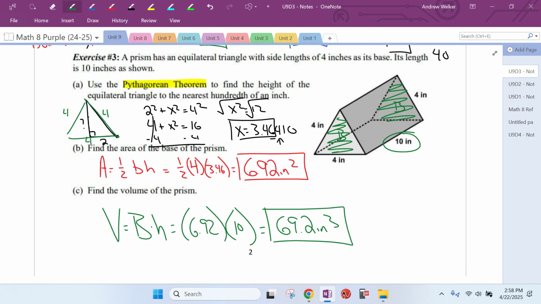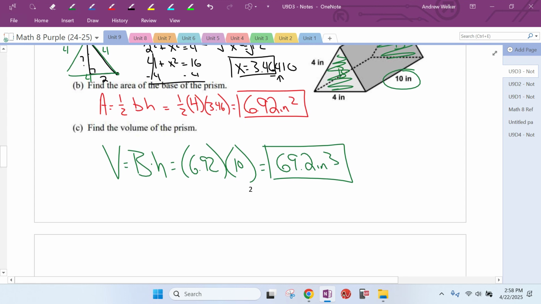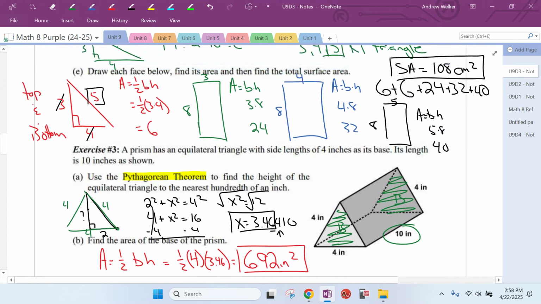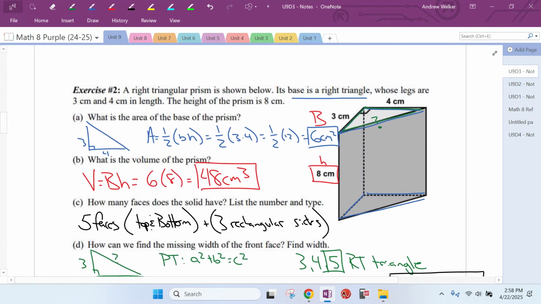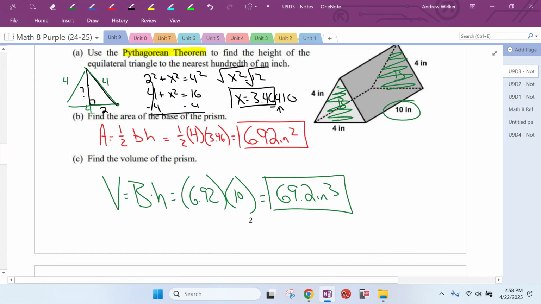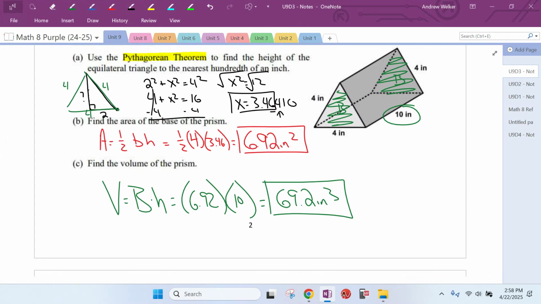So again, to find volume, the key is we must find the area of the base, and then we just multiply the area of the base by the height, or the distance between the top and the bottom base, or the front and the back base. Usually there's a nice hint in there because they'll call it a triangular prism or a rectangular prism.